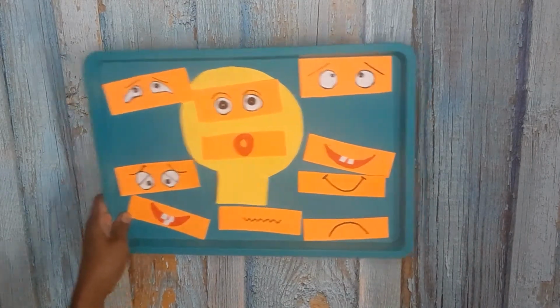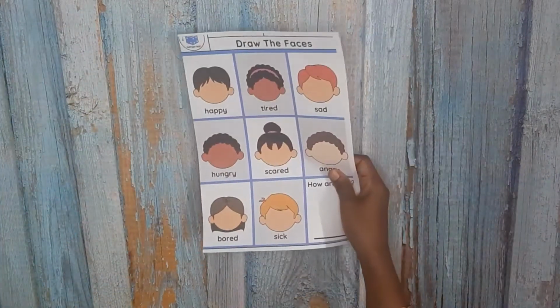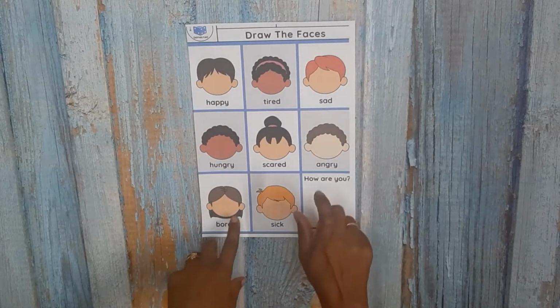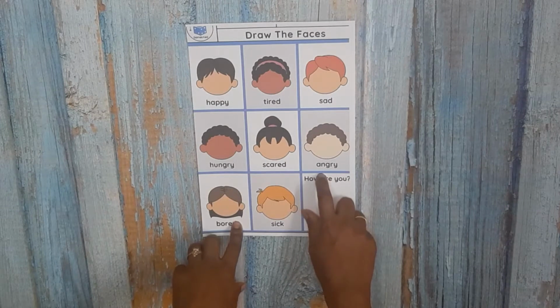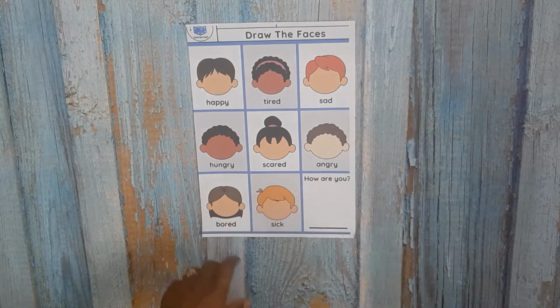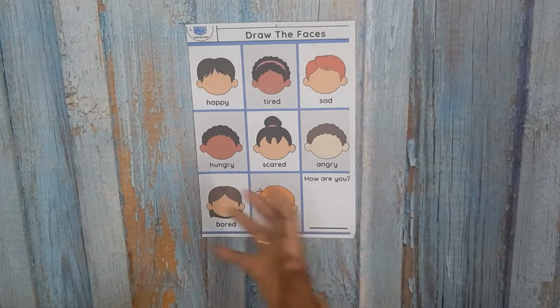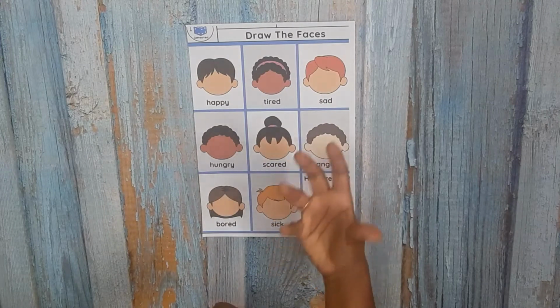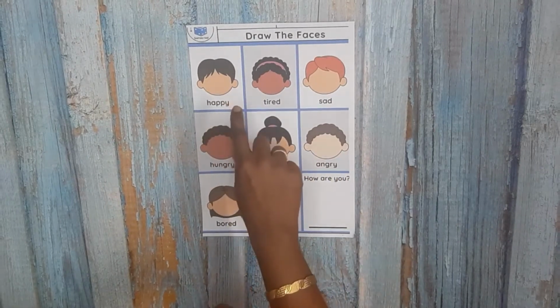So this way you can make the child do this activity. So in our next activity, I'll be showing you drawing the faces. To do this activity, give the child a chance to draw the expressions. You can give a mirror to him and ask him to see his face happy. Make a happy face and he can see the face and do it.